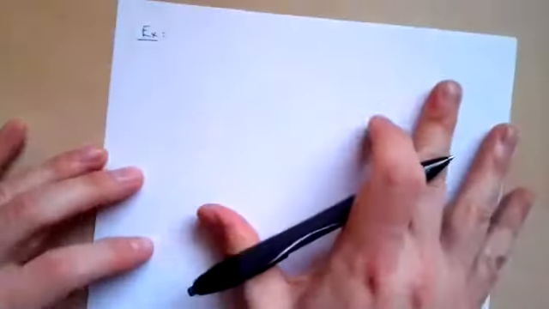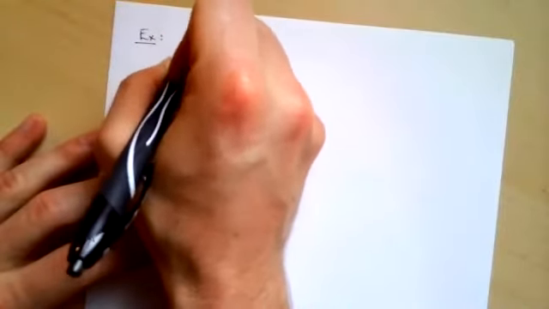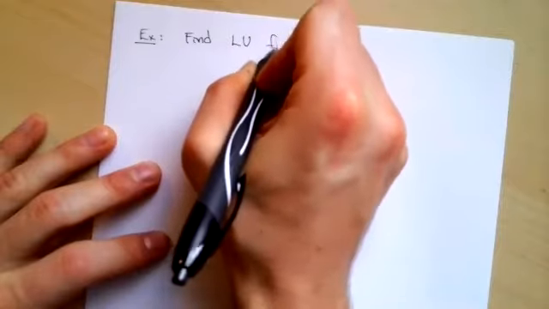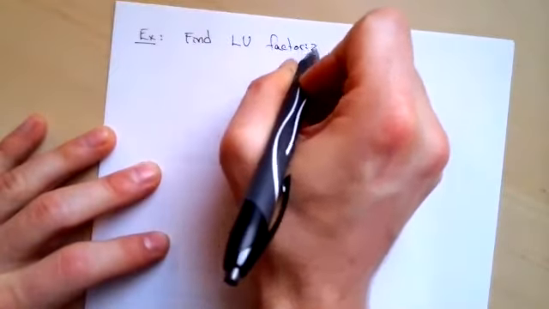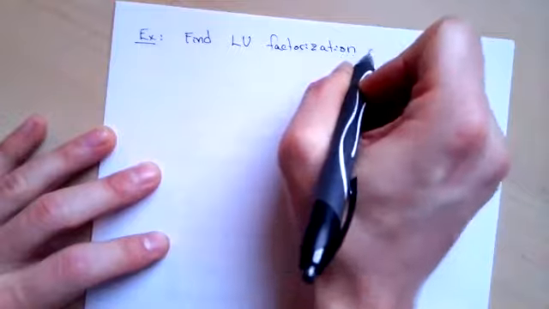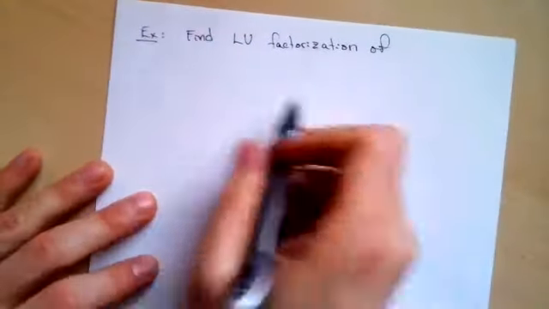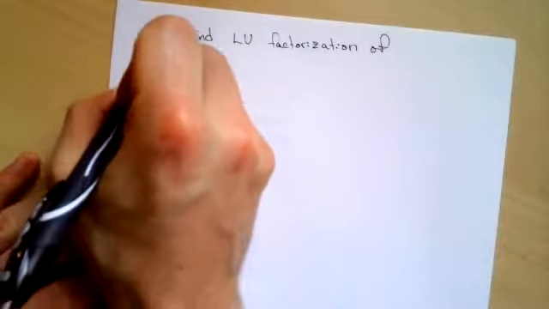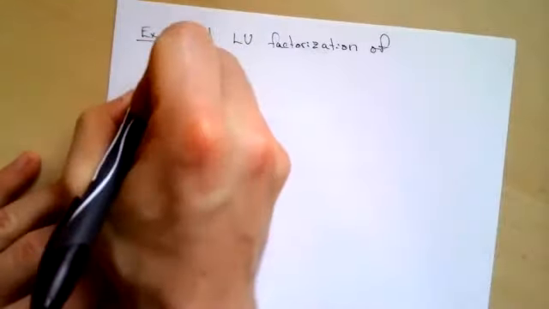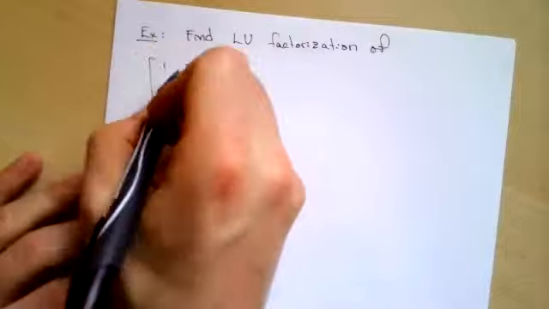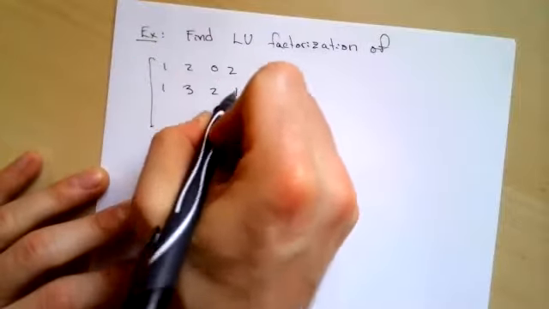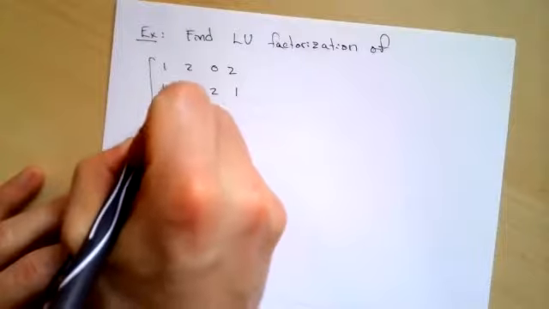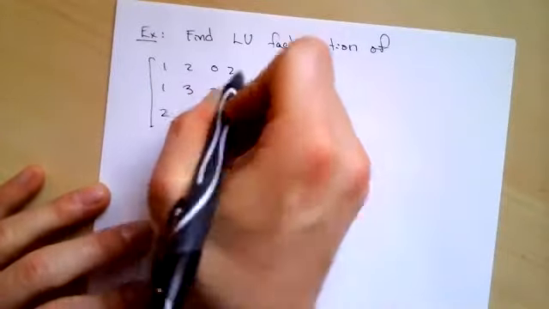Fortunately, all these linear algebra examples take a lot of board space, a lot of paper. So, example: find an LU factorization of our matrix, which is 1, 2, 0, 2, 1, 3, 2, 1, and 2, 3, 4, 0.